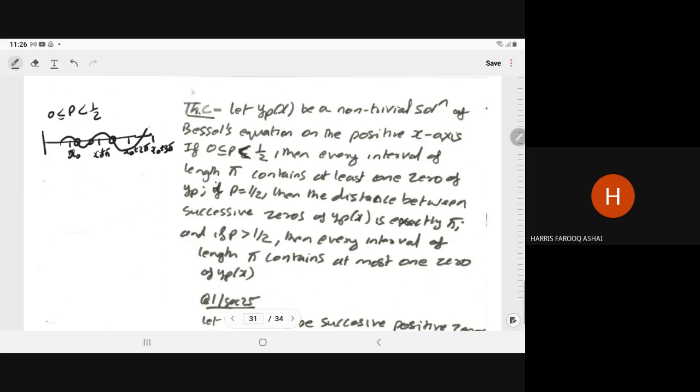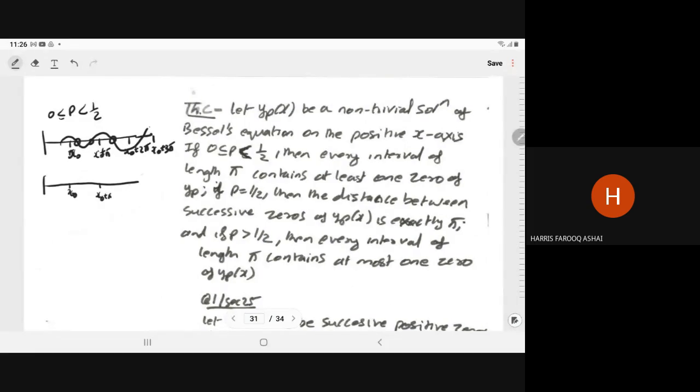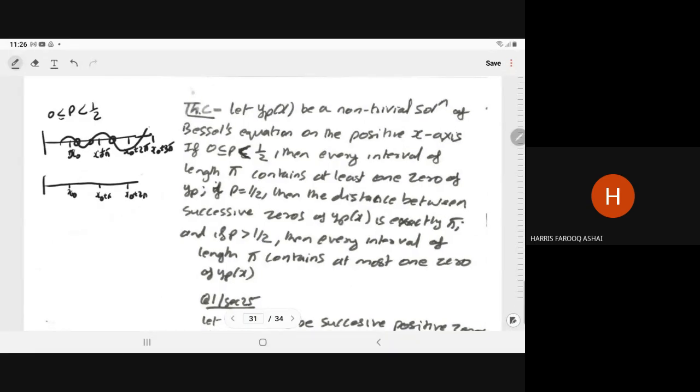If p is equal to half, let's say x naught, x naught plus pi, x naught plus 2 pi, x naught plus 3 pi.